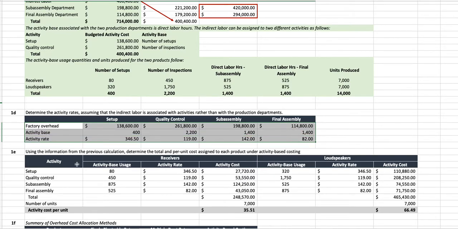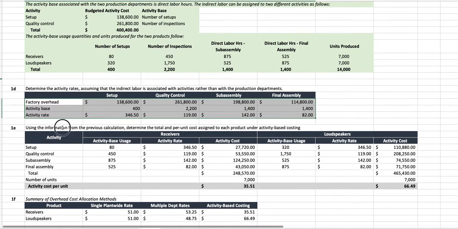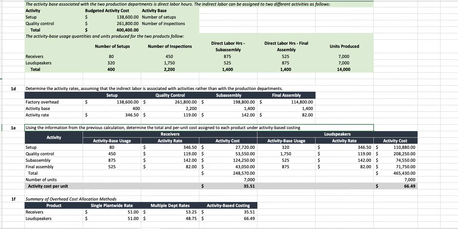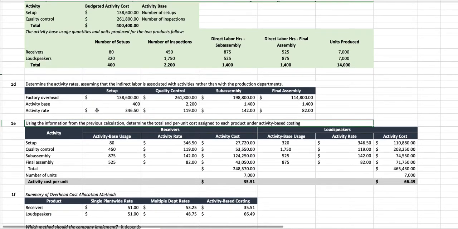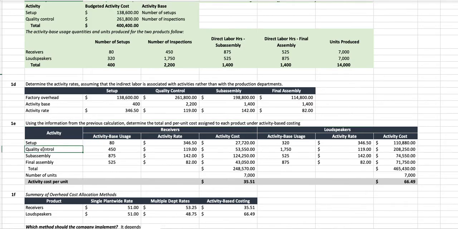Now we're ready for the final calculation. So we're going to use the information from above, and we're going to determine the total and the per unit cost assigned to each product. So same thing, we have got our setup, quality control, subassembly, and final assembly. We're going to look at the activity base that we actually used.